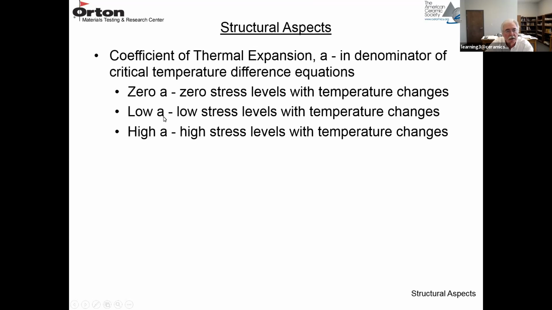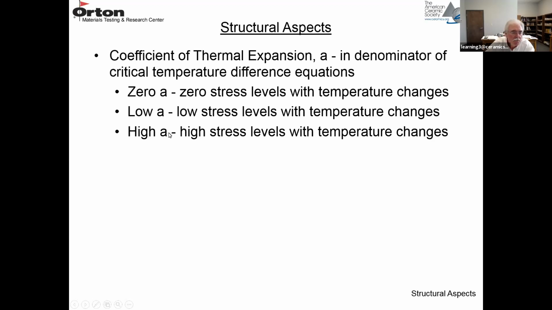With a low thermal expansion coefficient, you only develop low stresses as you change the temperature. And if you have a high thermal expansion coefficient, obviously you can develop high stresses with delta T's, temperature changes.